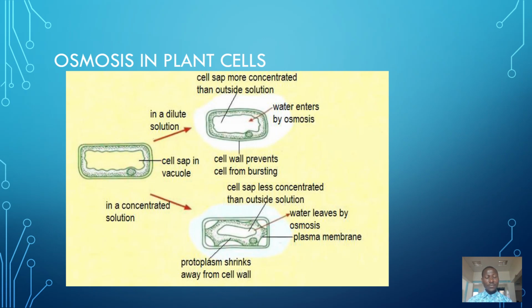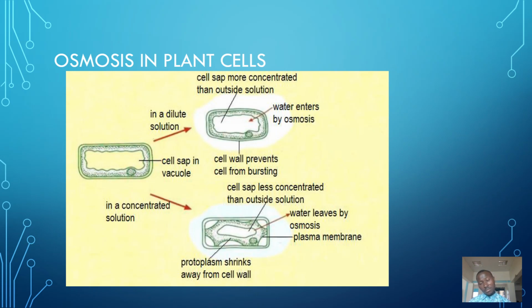Then, if you get a plant cell and place it in a concentrated solution, this plant cell is going to lose water from its vacuole, and the cytoplasm is going to lose water to the surrounding concentrated solution by osmosis.